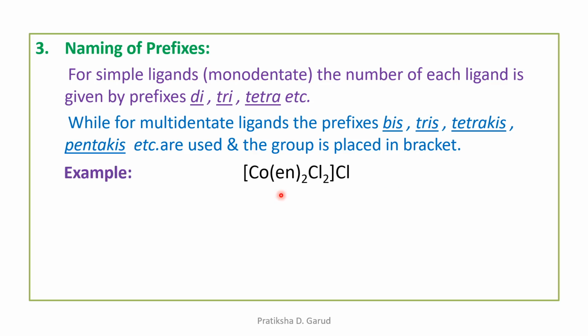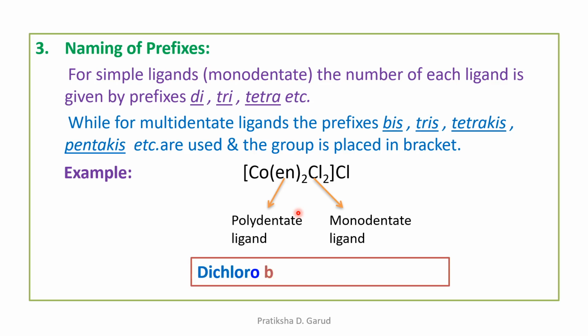So let us take an example. The example is Co(en)2Cl2 Cl. Okay, here we have two types of ligands. Cl is the monodentate ligand, whereas en is the polydentate, or we can say the multidentate ligand.